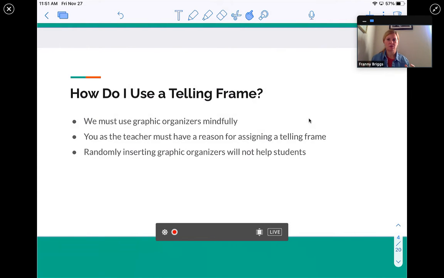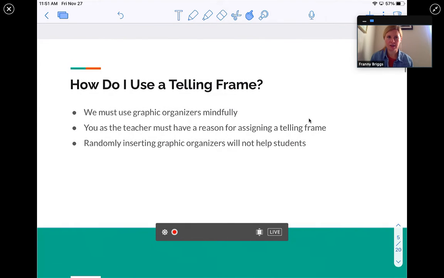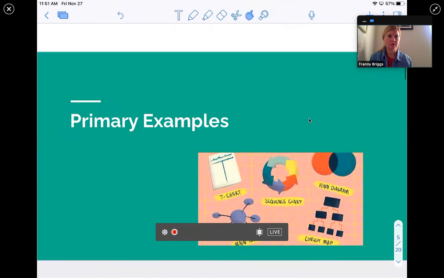Just having students randomly do graphic organizers without a bigger purpose in mind is not great, because then they're not making the logical and cognitive connections that we want them to be making, and it's not enhancing their knowledge and understanding of the topic. So anytime you assign a brain frame, make sure you have a very clear reason and plan for how the brain frame will function. And that's just a general thing with graphic organizers.